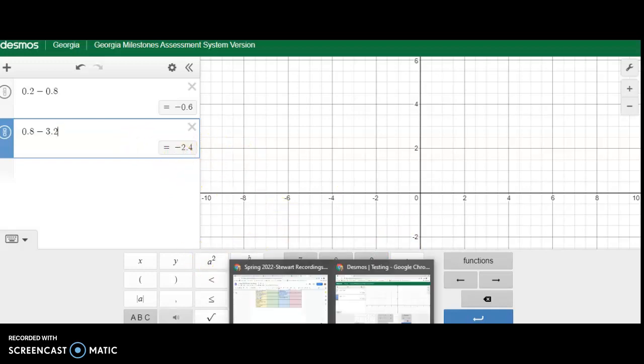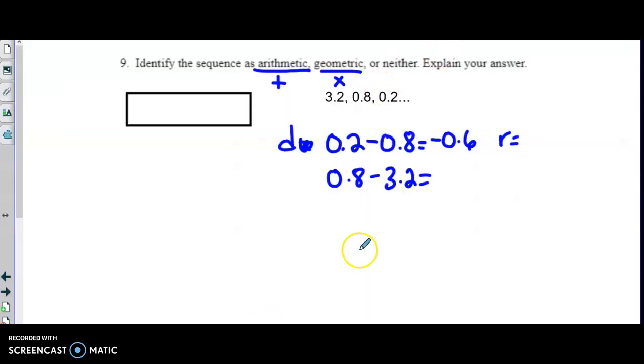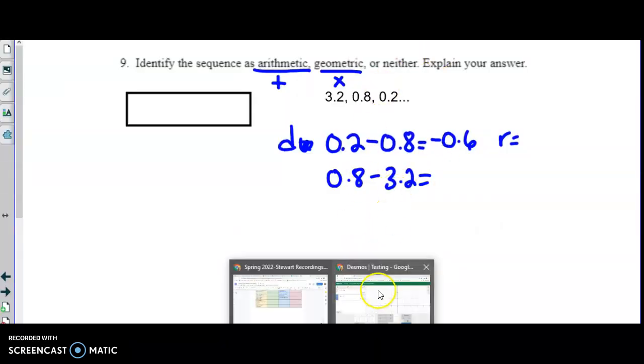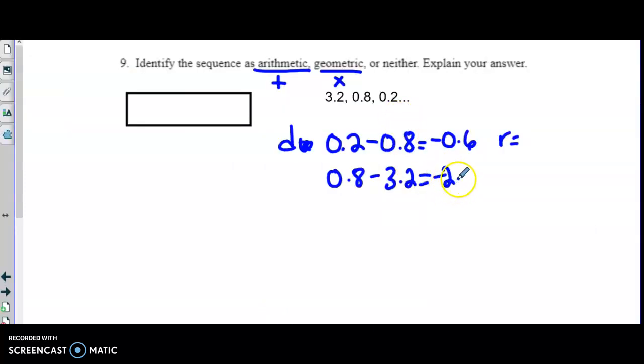So they do not have a common difference. Wait, what did that equal? I already forgot. Negative 2.4. Okay. So if they don't have a common difference, that means it's not arithmetic. We are not adding or subtracting the same number every time.